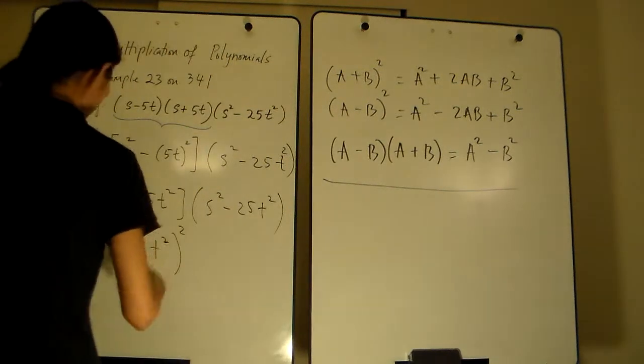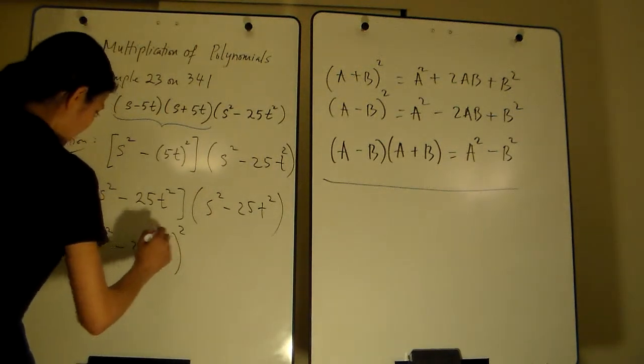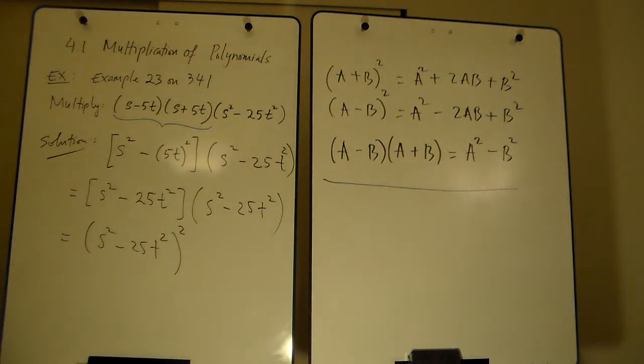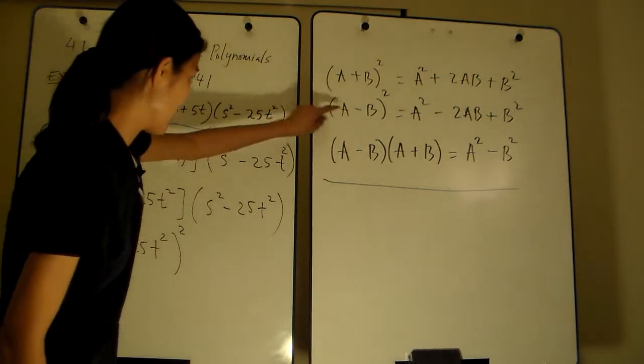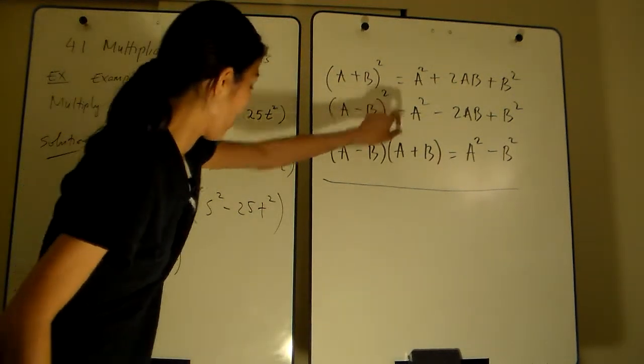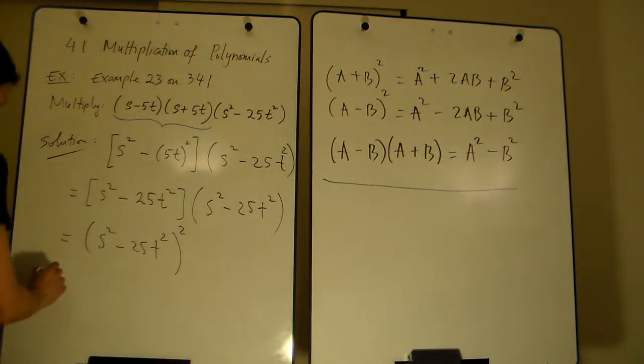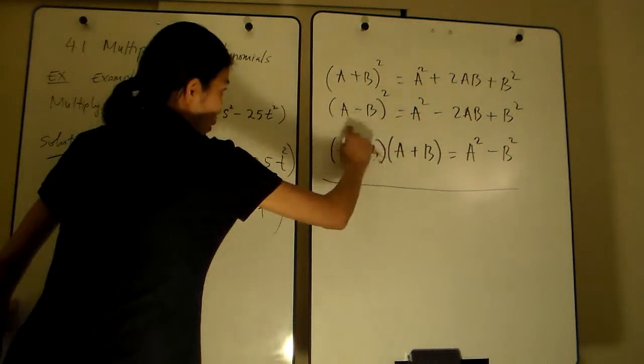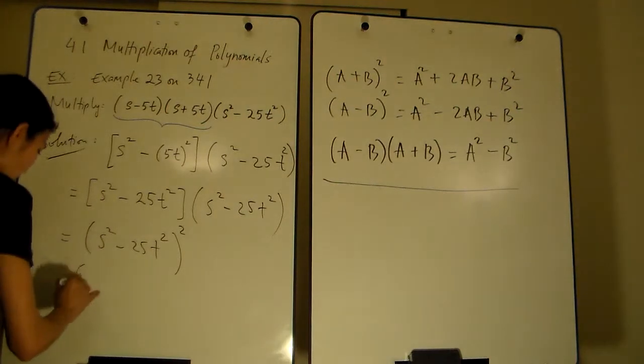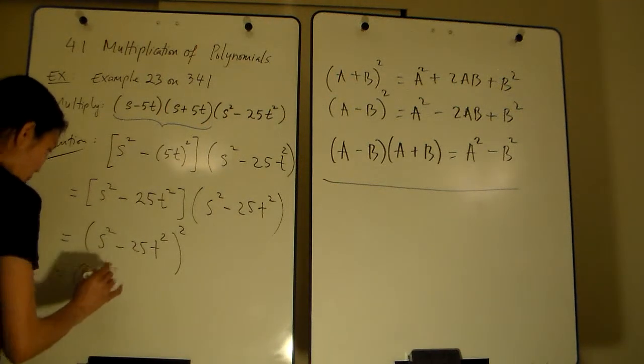Alright, we're almost there. Now, your choice again. You can multiply out or look for the pattern. Which one are you going to use? This one, right? Because it's the subtraction and the square outside. So I'll be using this formula. I'll have a squared, which is s squared squared.